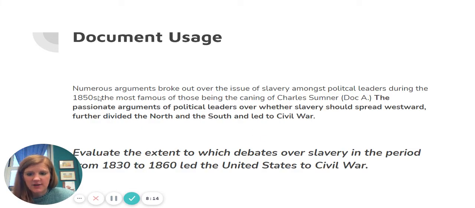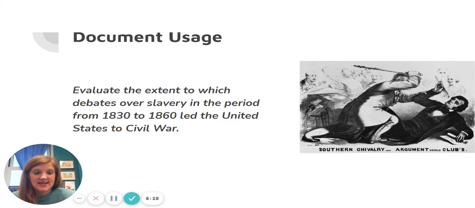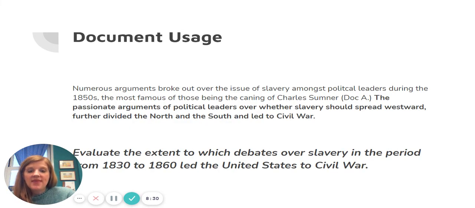We're going to cite the document: Numerous arguments broke out over the issue of slavery amongst political leaders during the 1850s, the most famous of those being the caning of Charles Sumner. So we have Document A, where I've referenced the document that we see here. And then my analysis is: the passionate arguments of political leaders over whether slavery should spread westward further divided the North and the South, and led to civil war. Okay, so I've linked it back to my argument and made sure that it develops my argument.